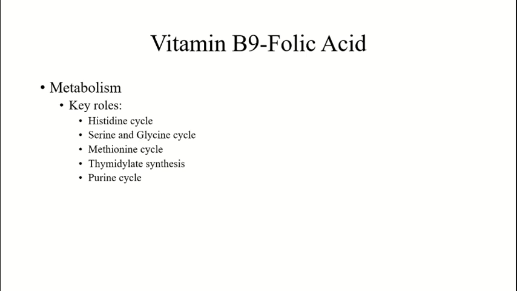Now, thirdly, folate is also known to play a vital role in the methionine cycle. It is involved as 5-methyl tetrahydrofolate in the methylation process, where the methyl group is transferred to homocysteine to form methionine in the presence of the methionine synthase enzyme.